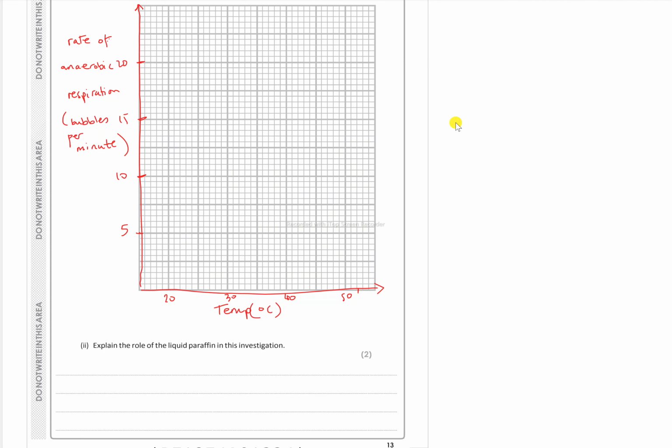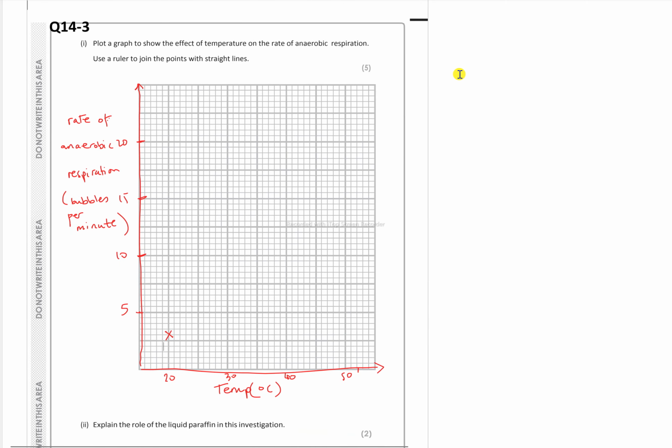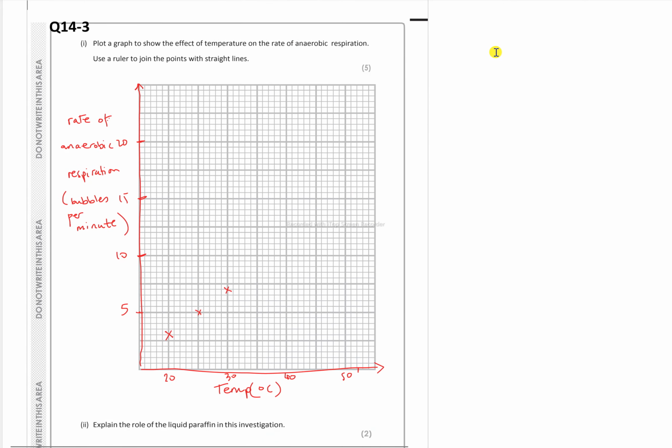So at 20 we want 3. At 25 we want 5, and then 7. Now it goes to 36, 10. 36 is here and we need to go to 10 there.